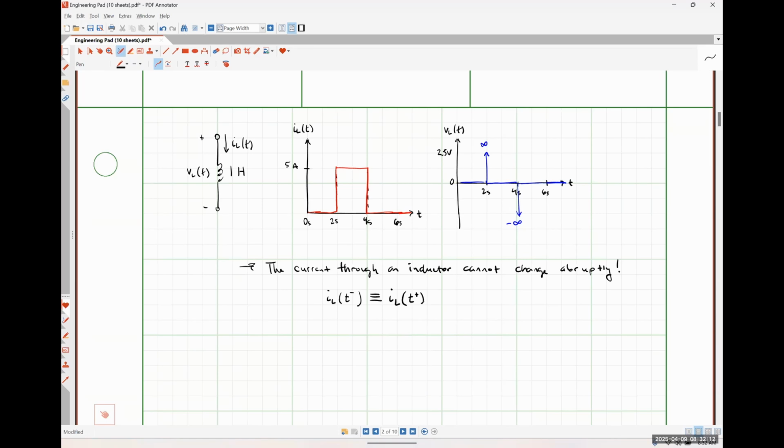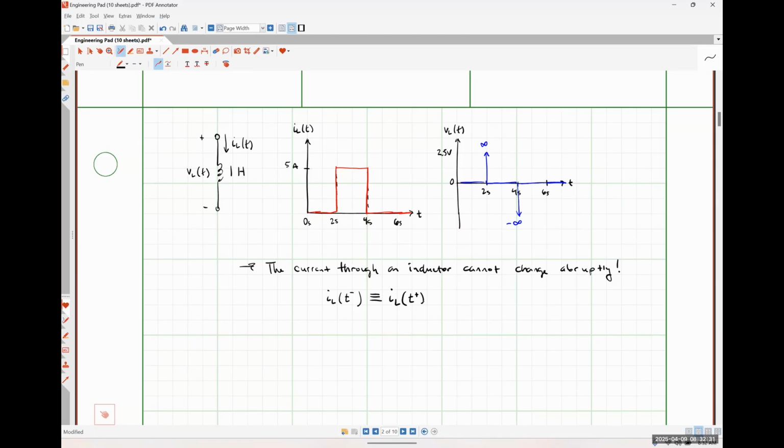So from a mathematical perspective, this just means that our inductor current has to be able to be modeled by a continuous mathematical function, right? So no discontinuities or anything like that at any given point in time.